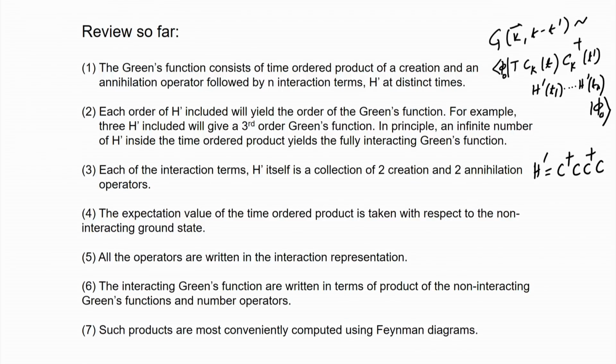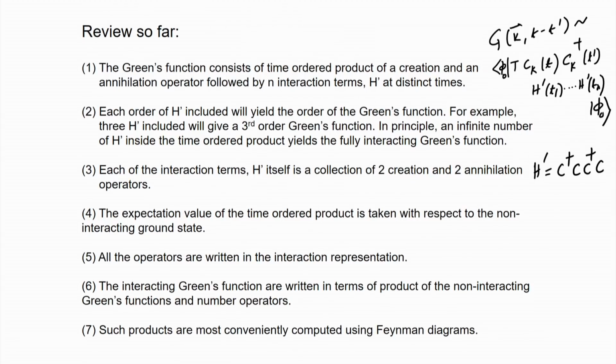So, the interacting Green's functions are written in terms of products of non-interacting Green's functions and the number operators. This is done by doing a normal ordered product, and the full Green's function is split up into several non-interacting Green's functions and or number operators, and then of course the interaction vertex.